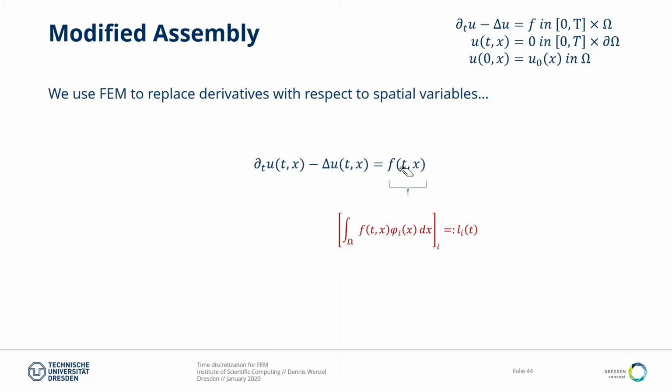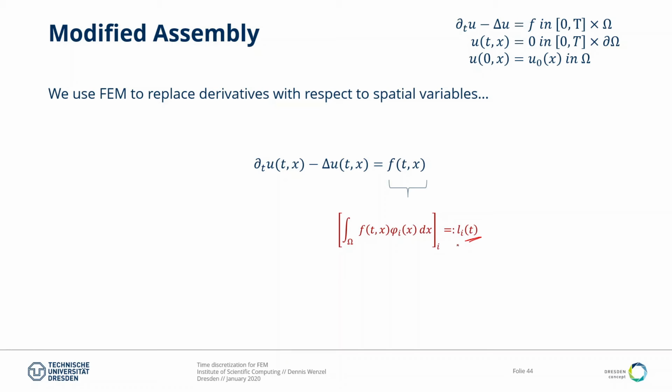And we start on the right-hand side. What did we do when we defined the load vector in the stationary problem? Well, we multiplied the right-hand side with a test function and we integrated over the domain, and that's exactly what we're doing now too. So formally, you multiply your f with a phi, the basis function, and integrate over the domain, and that gives you a component of your load vector. Of course, if f depends on time, then this load vector component also depends on time.